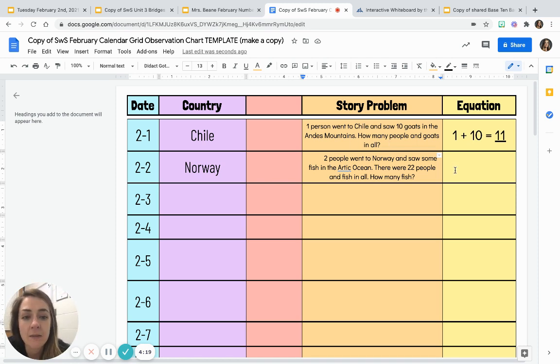So I know that two people went to Norway and saw some fish. Does it tell me how many fish they saw? No. So maybe that's what I need to figure out. There were 22 people and fish in all. Okay, so that tells me what my answer is. So I want to know how many fish.